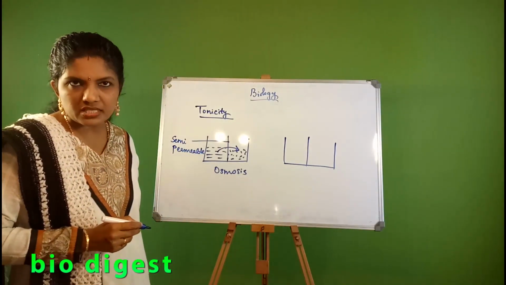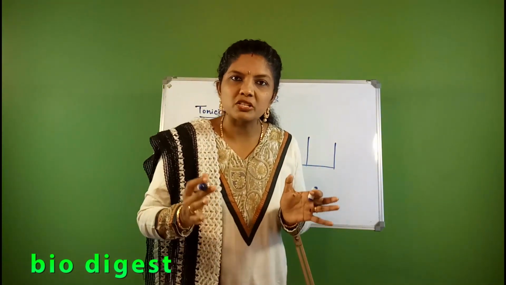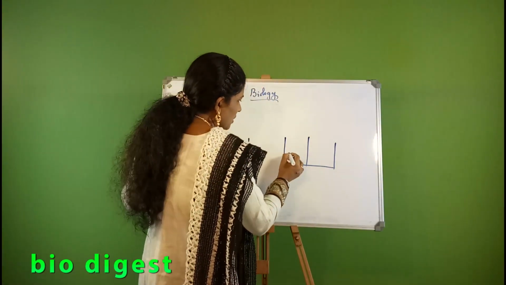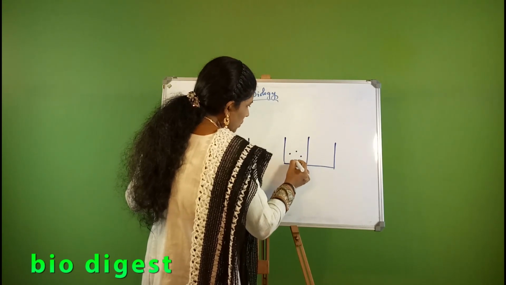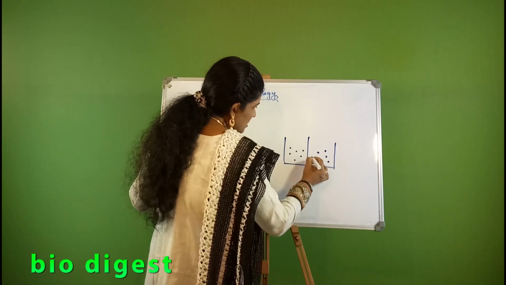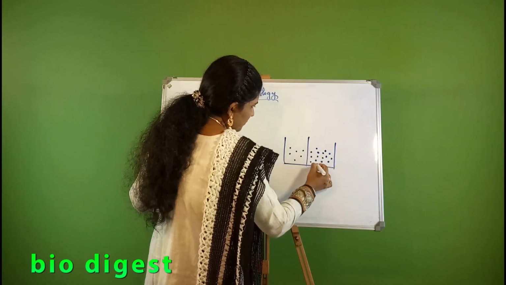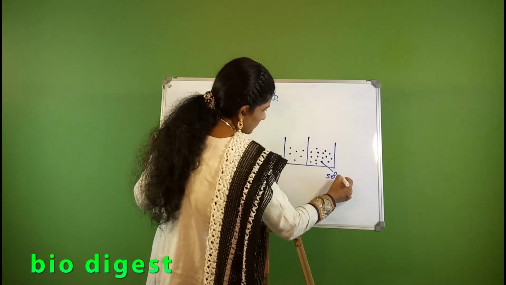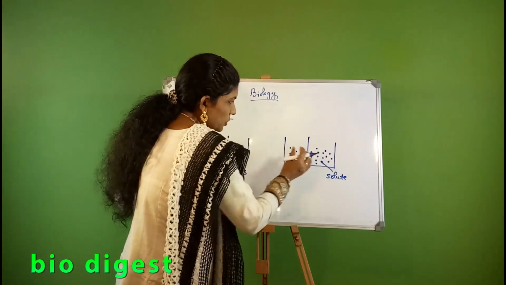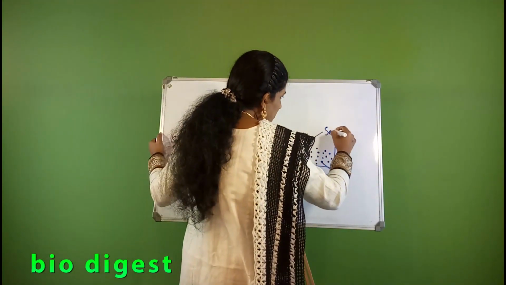Whereas in tonicity, we are actually considering the relative solute concentration of two environments separated by a semi-permeable membrane. So we are considering the solute concentrations of two environments like this, separated by a semi-permeable membrane. See, so this is actually the solute. These are the two environments. So we are comparing the solute concentration of two different environments separated by a semi-permeable membrane.